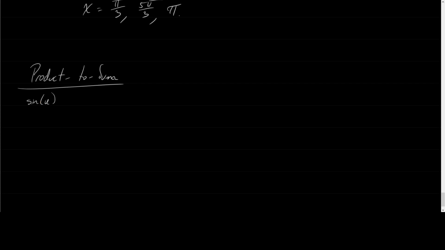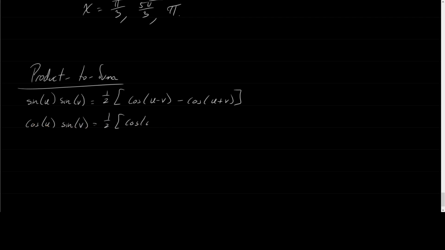Sine of u times sine of v can be rewritten as 1/2 times cosine of u minus v minus cosine of u plus v. Similarly, cosine of u times cosine of v would be 1/2 times cosine of u minus v plus cosine of u plus v.